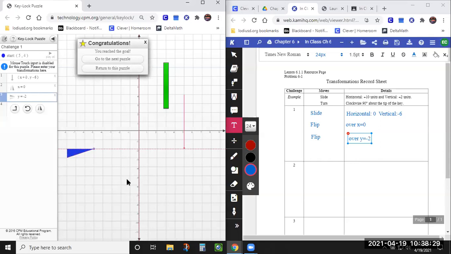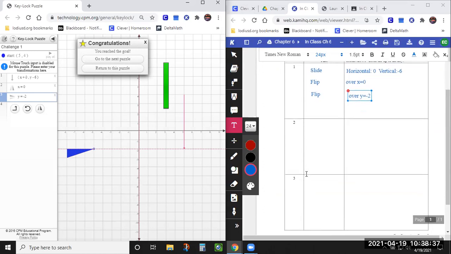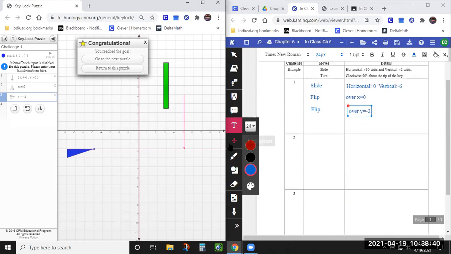Yay! So you are responsible to finish the other challenge problems. When you click next problem, there'll be another challenge problem for you to do. I am allowing until the end of lunch, which is the start of third period for me. So you will have until 12:46 to finish the last of the challenge ones and write them up on the worksheet.